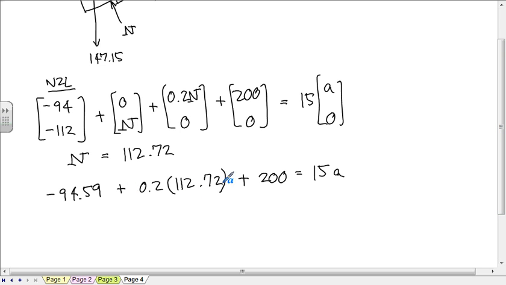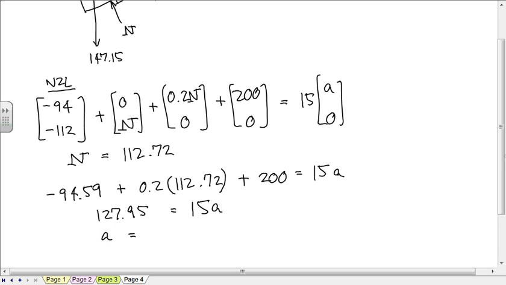And so what do you get when you add all these numbers together? 127.1995, okay, is equal to 15a.